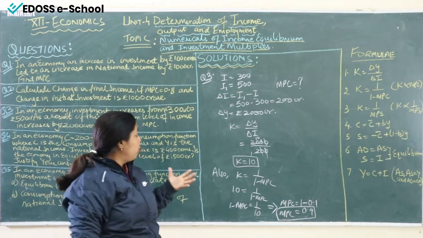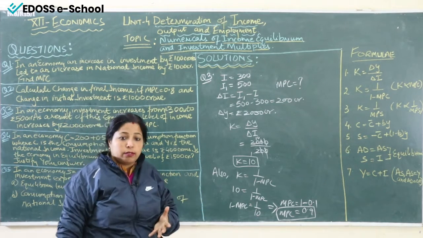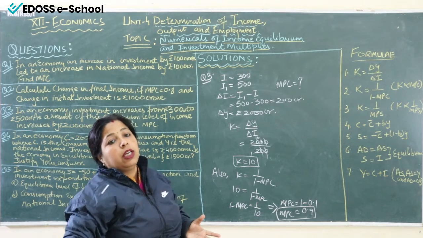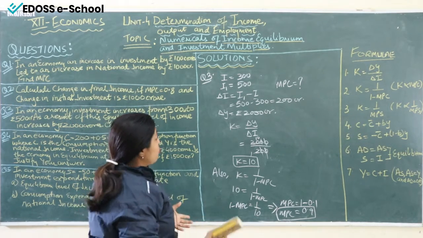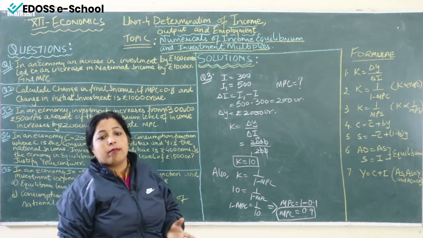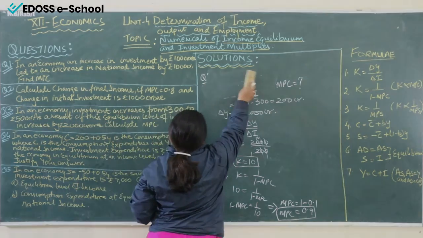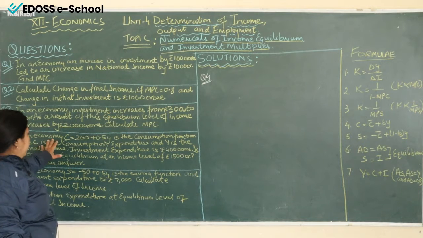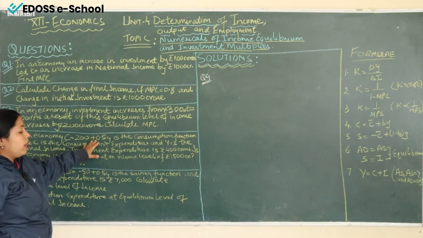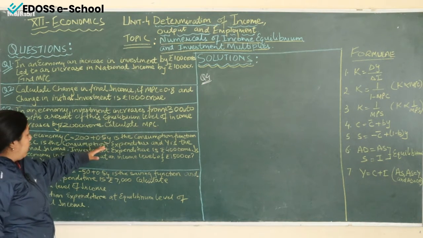Fine. Now we are going to take the next sum, and these two sums are related to the income equilibrium. So how to solve the sums of income equilibrium, we are going to take a look now. So let us start with question number 4. In an economy, C is equal to 200 plus 0.5y.